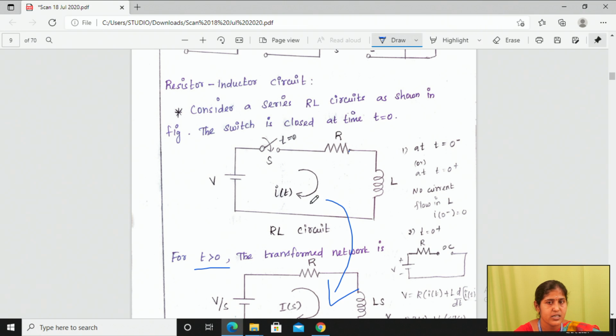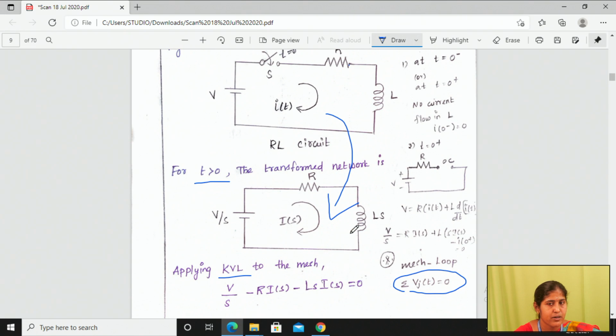The main thing is the given network should be in time domain, because we are analyzing the transient response. So you take the Laplace transform of the time domain and you get the frequency domain. Why do we need the frequency domain function?